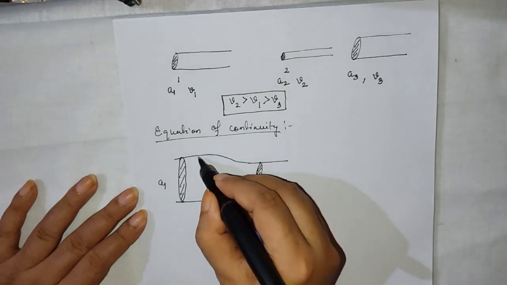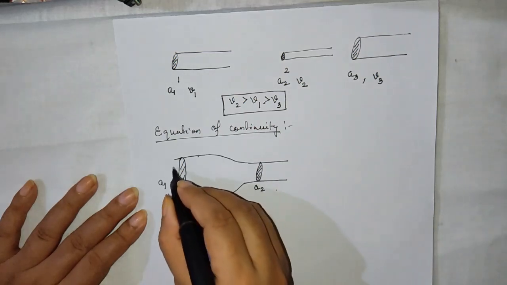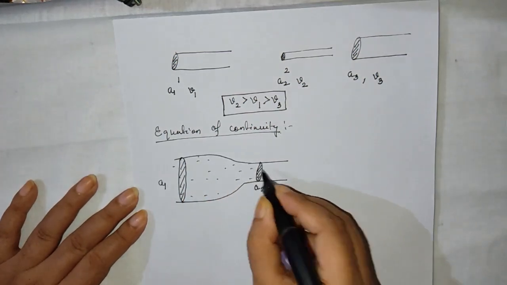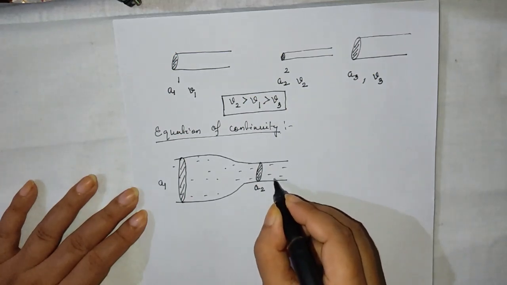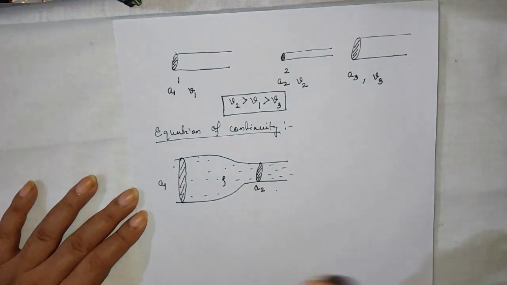Then suppose the water is flowing inside this pipe, which is kept horizontal, and the density of the water is rho. I am taking the density to be the same.